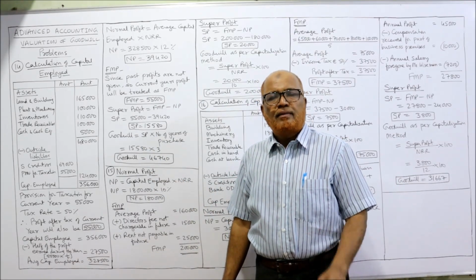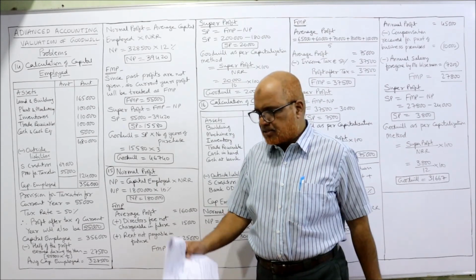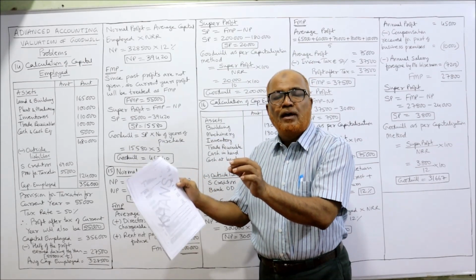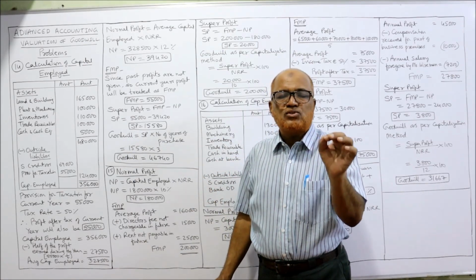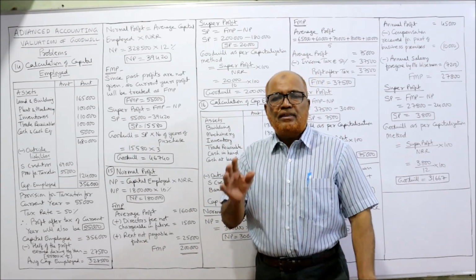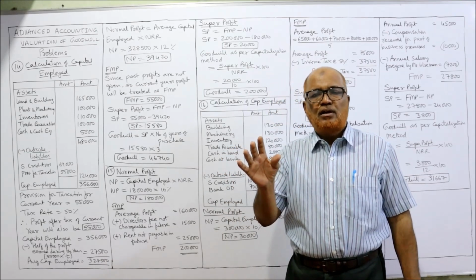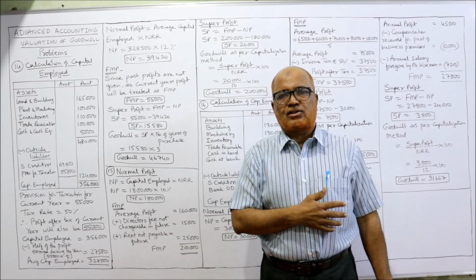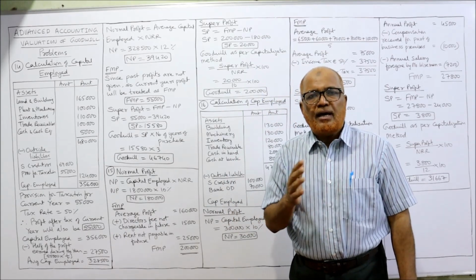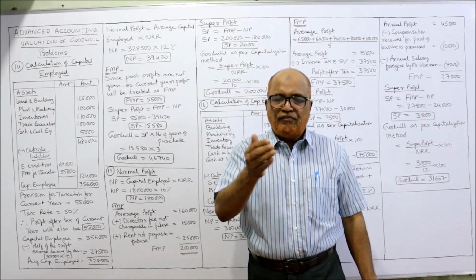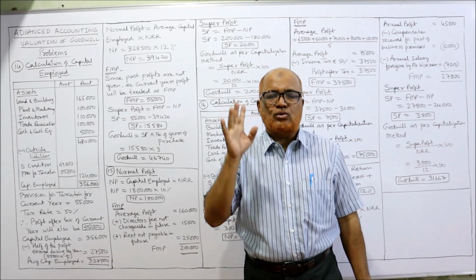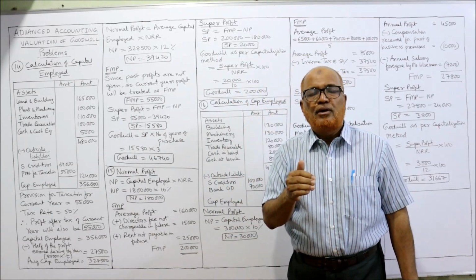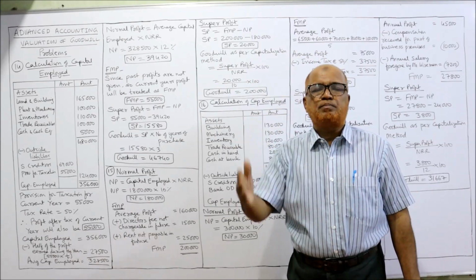That means the current year provision for taxation is given 55,000. Current year provision. And the tax rate is 50%. When the tax rate is 50%, the provision for tax and the profit after tax will be equal. Example, if the profit before tax is 1,10,000, on that 50% is tax payable.